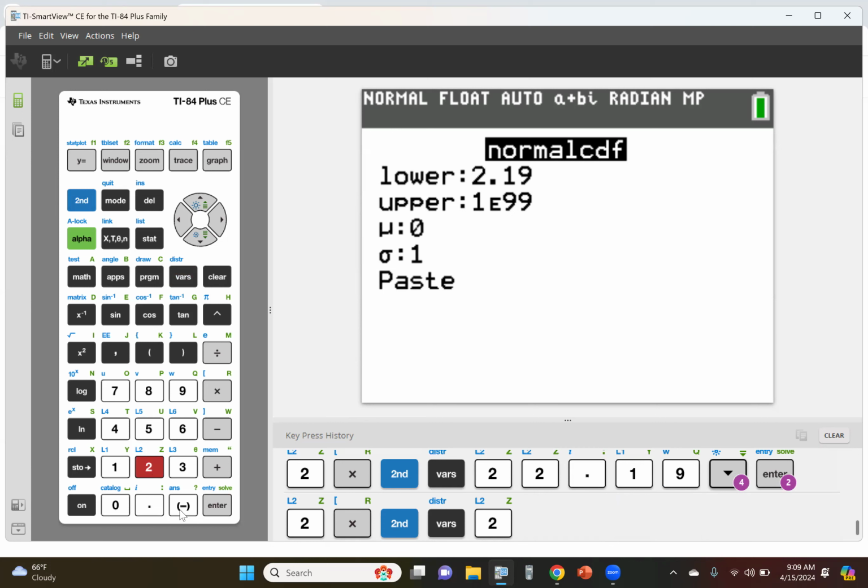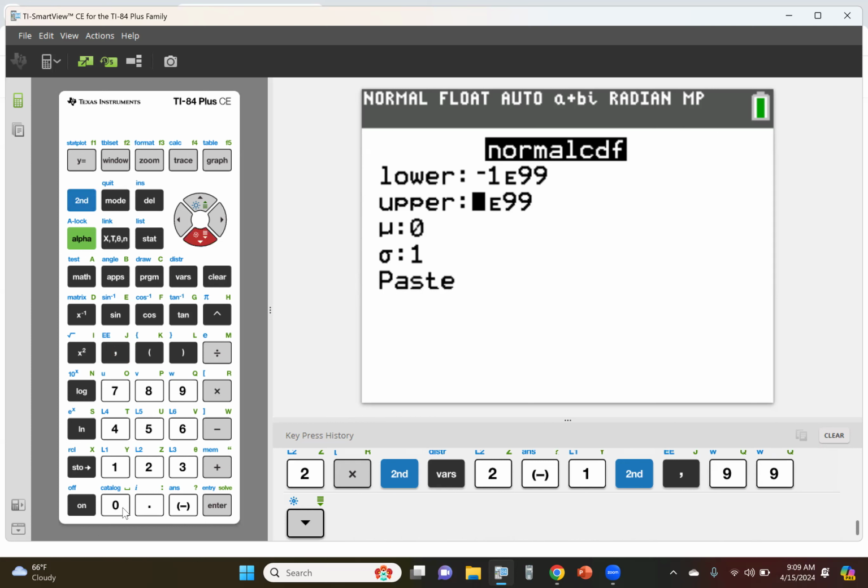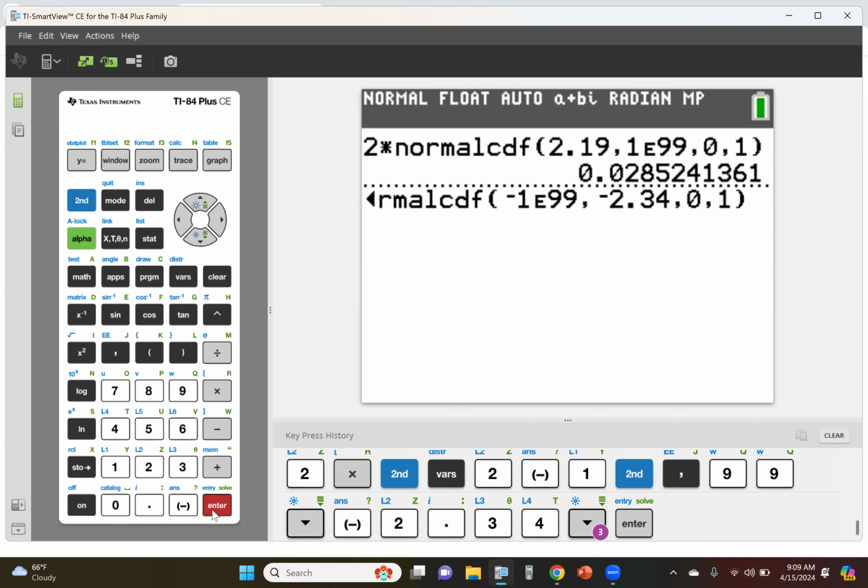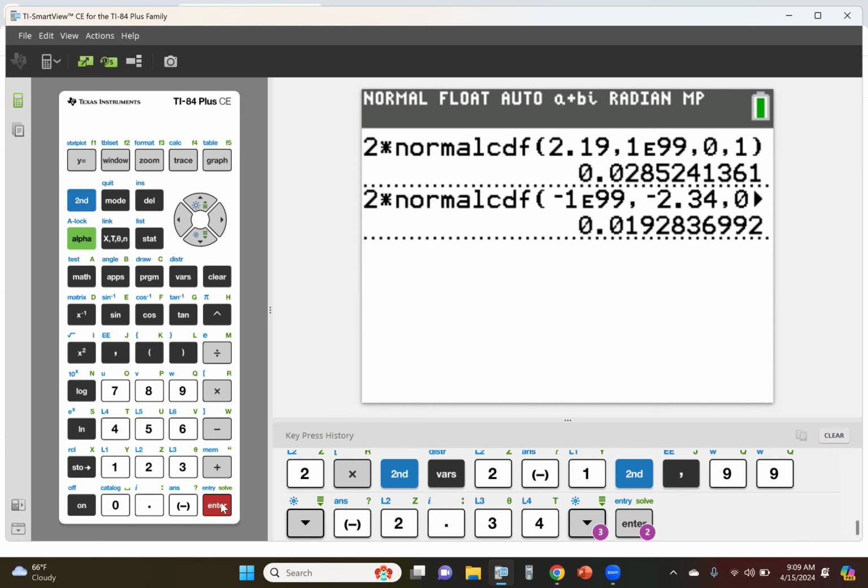So this is going to be what? Negative 1 times 10 to the 99 to what? The negative 2.34. So the p-value is 0.019 or 0.02.